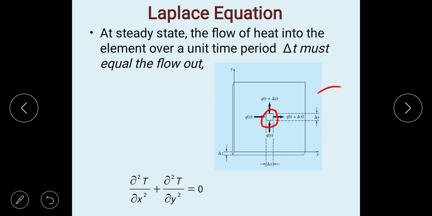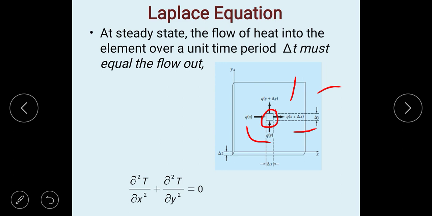So we can equate that heat in is equal to heat out along the x and y directions. It means we can write Qx plus Qy, that is heat in, is equal to Q at x plus delta x plus Q at y plus delta y.